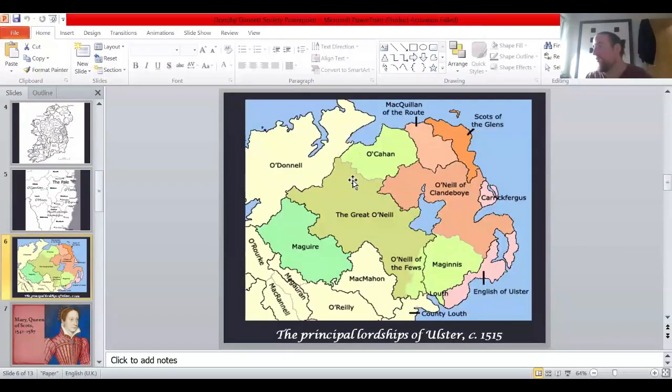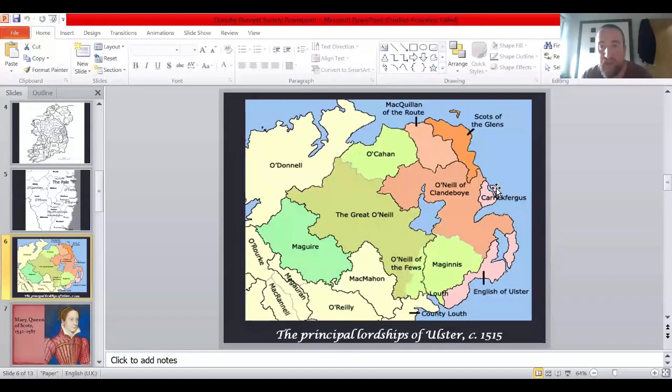Now, in terms of the Scots, this is a map focusing more closely on Ulster in the first half of the 16th century. So, as I mentioned, the Clan de Buia O'Neills are here. The English do still have control of the outpost of Carrickfergus here.